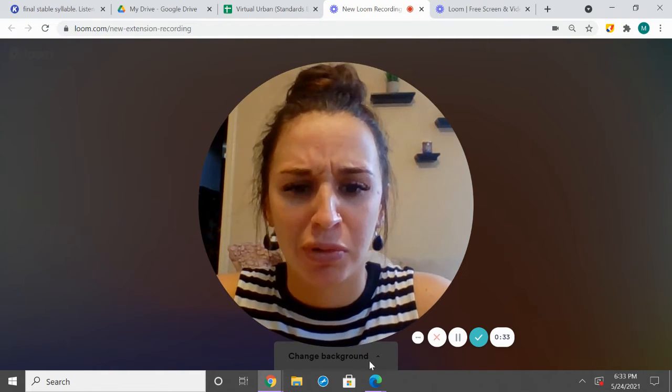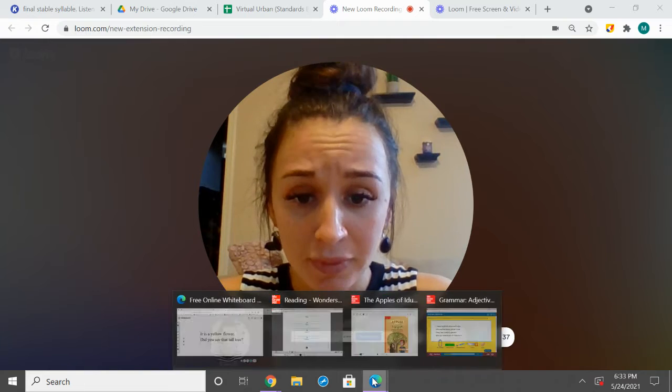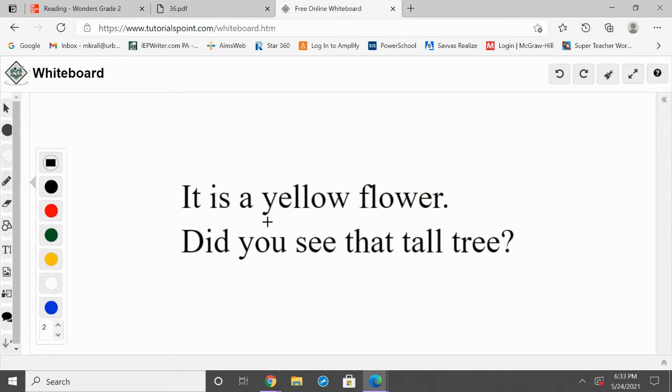So let me go ahead and pull up an example of what I am talking about. I have two sentences here. My first sentence says, it is a yellow flower. So what kind of flower is it? Well, it is yellow. So yellow is an adjective because it tells what kind of flower, right?